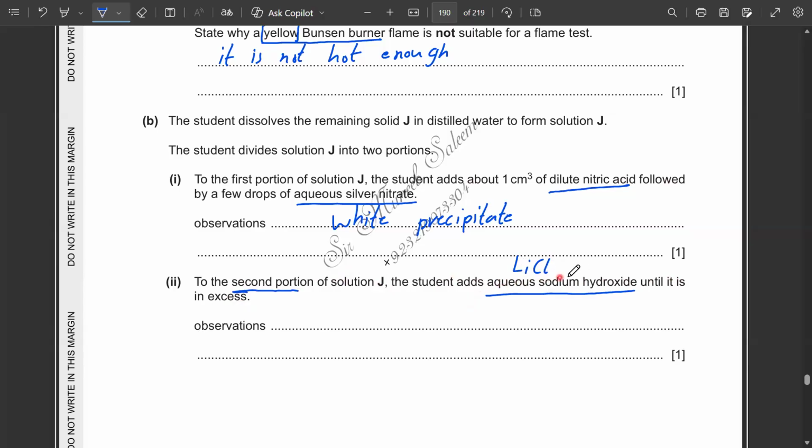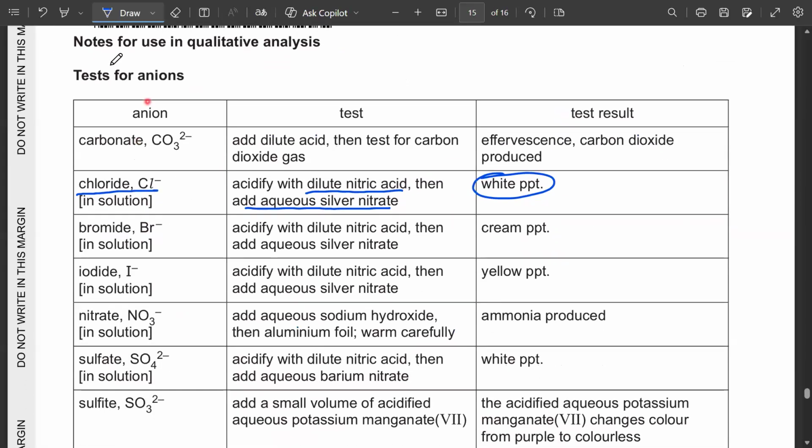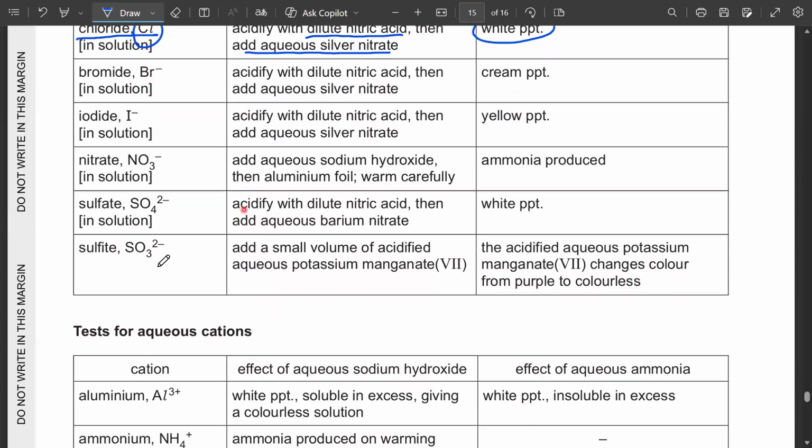Let's see where they are using sodium hydroxide. In the part of the anion, we have chloride ion present, but in the test, you do not see anywhere mention of sodium hydroxide. So let's see about the lithium ion.